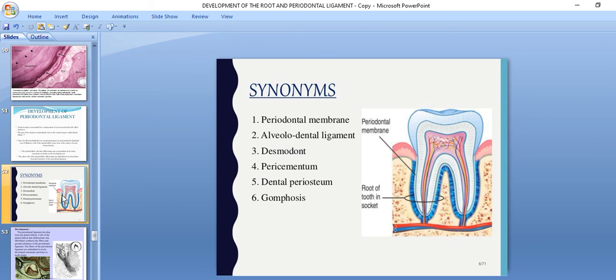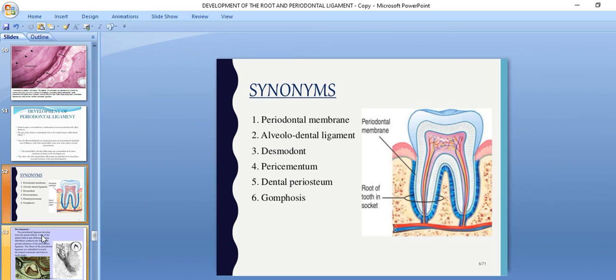And here you can see the synonyms for periodontal ligament: periodontal membrane, alveolodental ligament, dental ligament, desmodont, pericementum, dental periosteum, gomphosis, and so on.